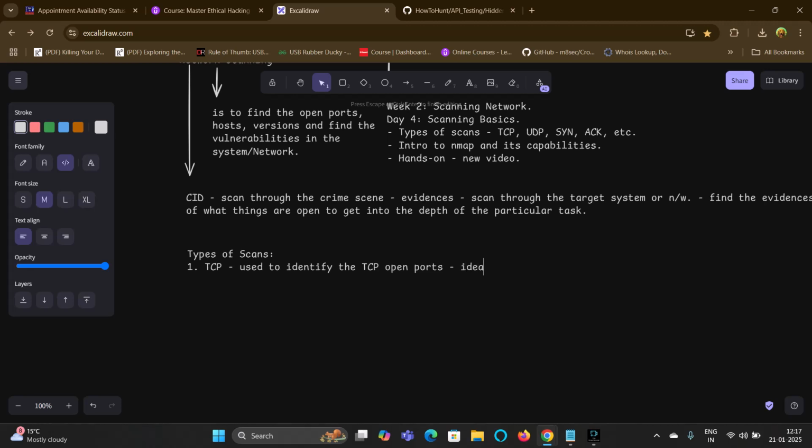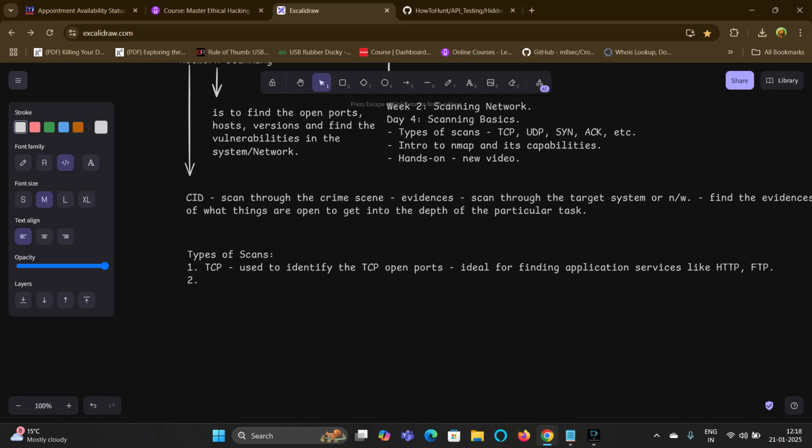A TCP open port is ideal for finding application services like HTTP or FTP. HTTP is Hypertext Transfer Protocol, and FTP is File Transfer Protocol.